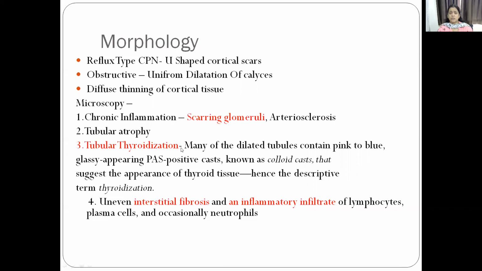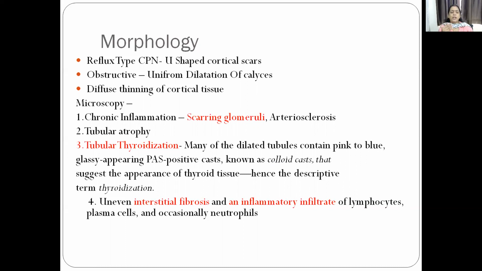tubular thyroidization. What do you mean by tubular thyroidization? Whenever there is a PAS positive cast in the tubules that is getting deposited, they are the colloid casts, resembling the normal thyroid epithelium. Whenever you see a section of a normal thyroid, you find the colloid in the middle, which is secreted by the thyroid cells.